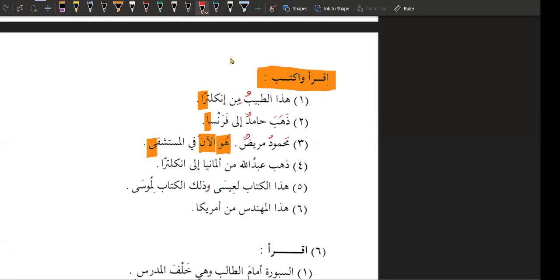عبد القيوم. ذهب عبد الله من، لا، just من ألمانيا. من ألمانيا نعم، إلى إنجلترا. نعم. ذهب عبد الله من ألمانيا إلى إنجلترا. جيد. ما معنى الجملة؟ Abdullah went from Germany to England.